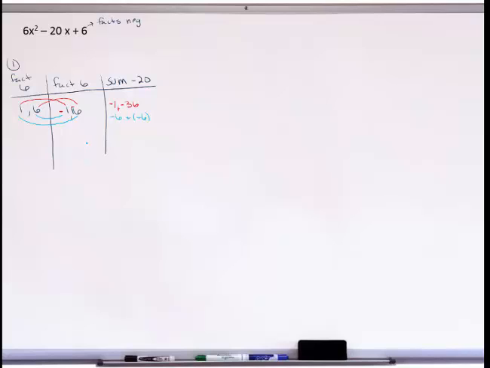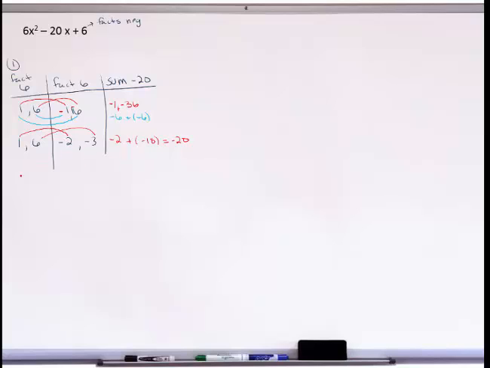So next I'll try my next set of factors. Now 6 has two sets of factors, 1 and 6 and 2 and 3. Now I can choose to change both and see if that will work, or I can choose to change one or the other. I'm going to keep this first column 1 and 6 and change this to negative 2 and negative 3 and see if that works. I have 1 and negative 2 and 6 and negative 3, and that gave me my negative 20.